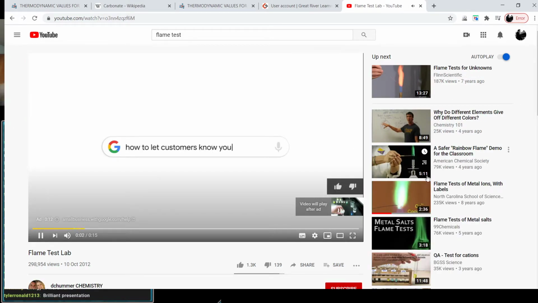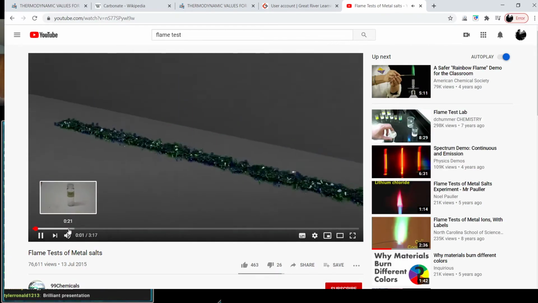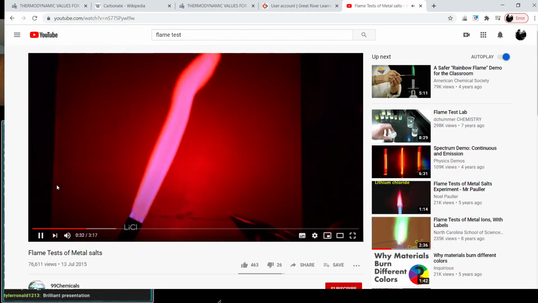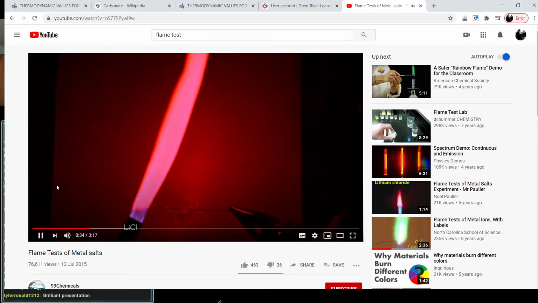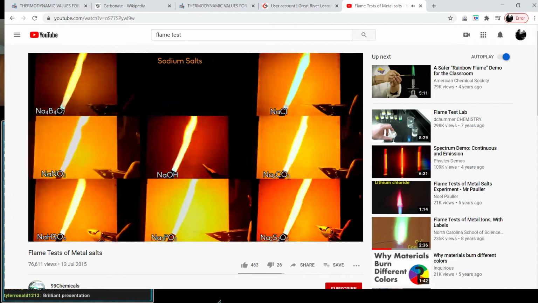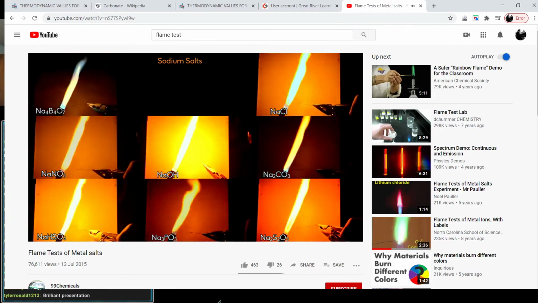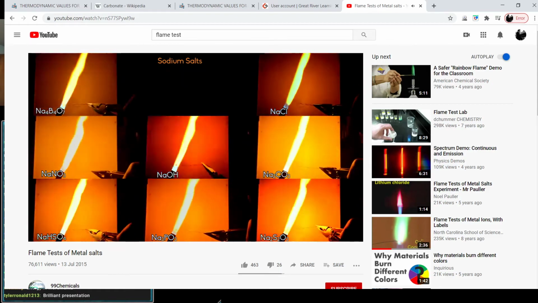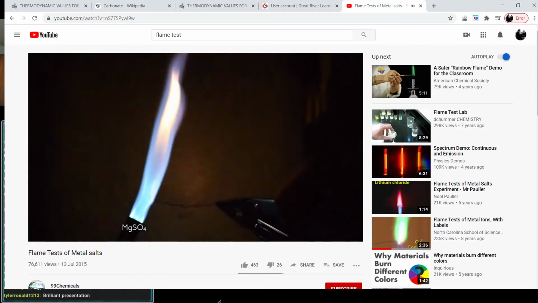Notice the fire color here. We're going to give it energy in terms of the fire, and if we put in different elements, they're going to change the color of the fire. These are all sodium-based salts, it looks like right now. Those all turn the fire that yellow-orange that we're used to seeing fire as.